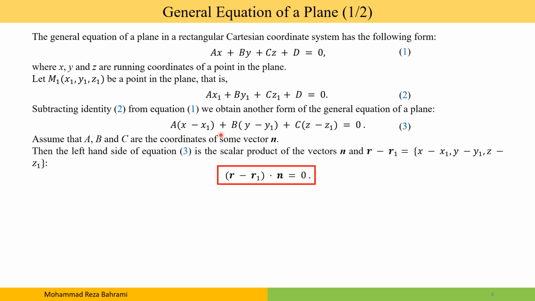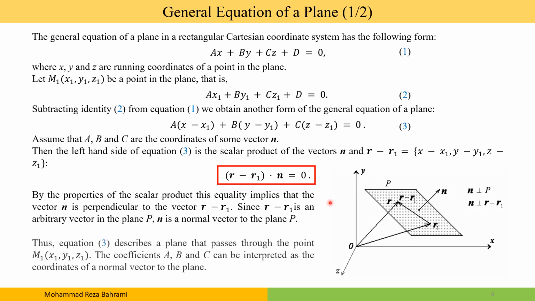So the left hand side of equation 3 is a scalar product of vector n and the difference of radius vectors r minus r1. So we can rewrite equation number 3 as a scalar product of vector n and r minus r1.